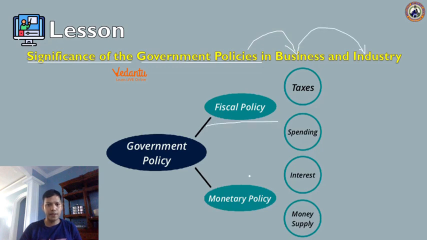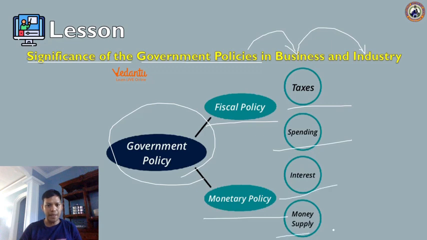Fiscal policy and monetary policy fall under government policy. They talk more about taxes, spending, interest, and money supply. Monetary policy focuses more on the interest rates and money supply. Fiscal policy talks more about the taxes and spending of the consumers.